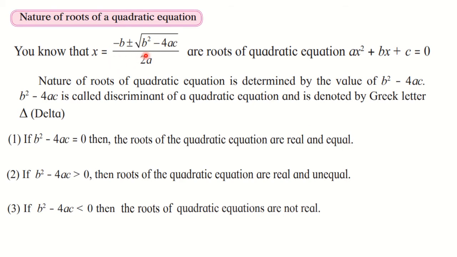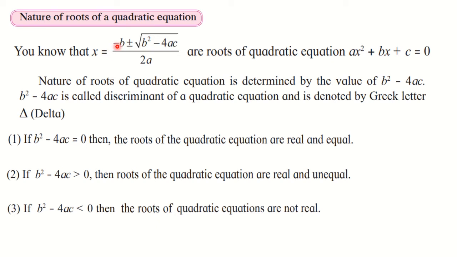The second possibility is that delta can be positive, that means greater than 0. If it is greater than 0, then the roots of the quadratic equation are real and unequal. Why? Because now we have the second irrational part also.